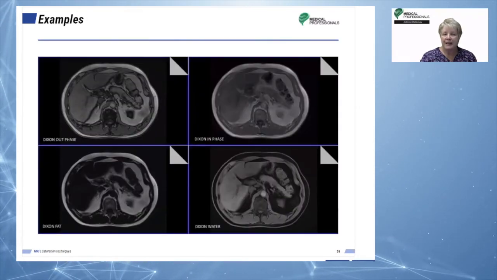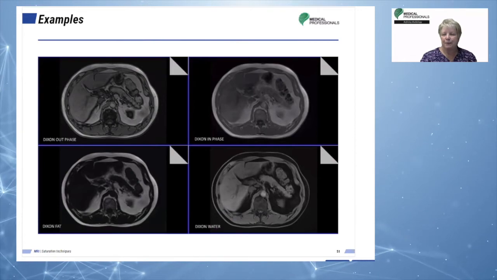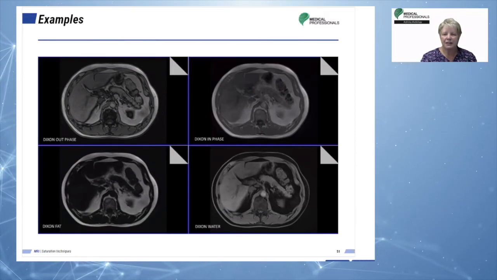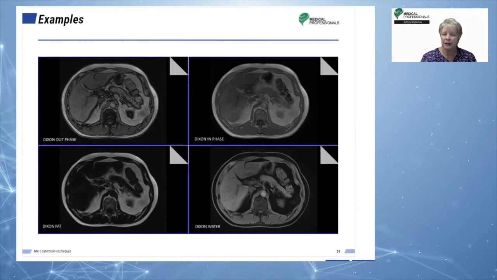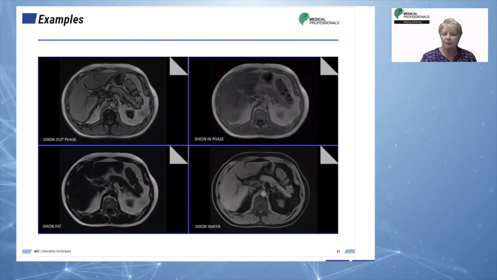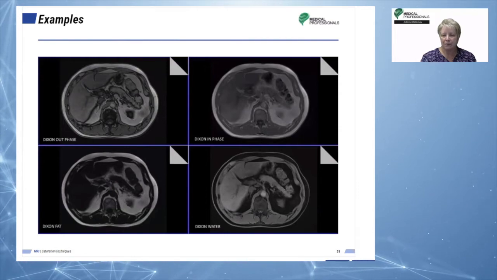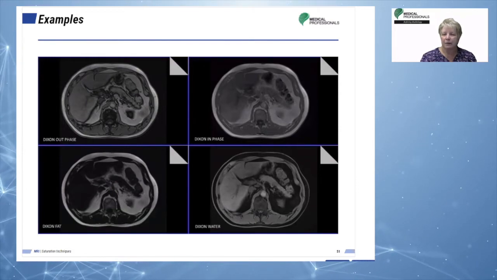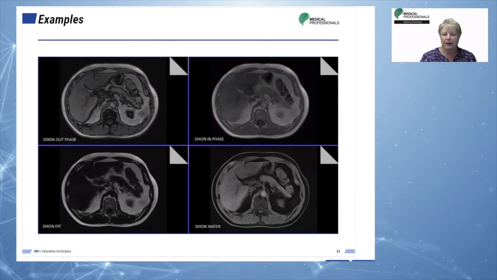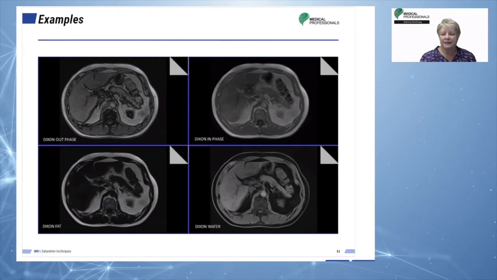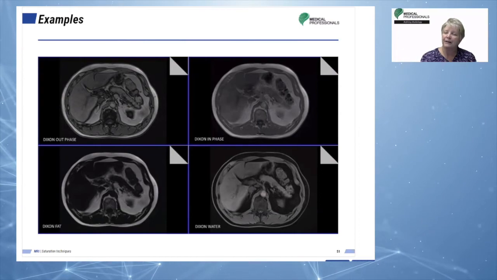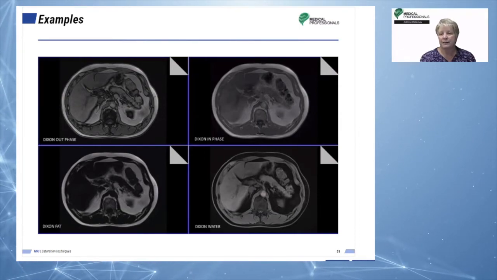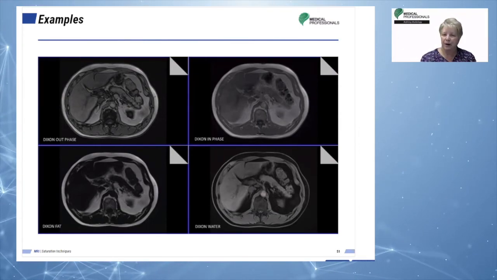Here we have an example of an axial slice of an abdomen. As I mentioned, the Dixon technique is very useful in abdominal imaging, mostly because we're able to acquire 4 separate acquisitions in one acquisition. Why this is so good is because the likelihood of having the patient breathe the same on 4 separate acquisitions is nearly impossible.